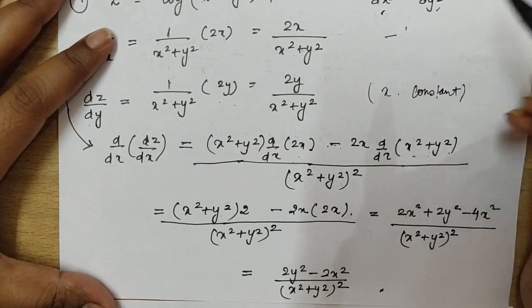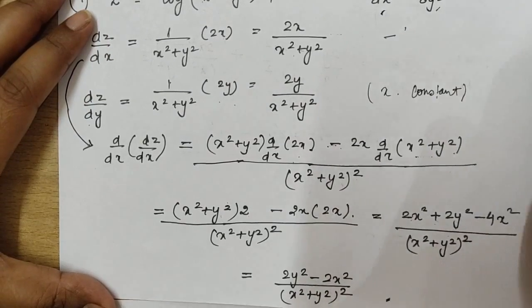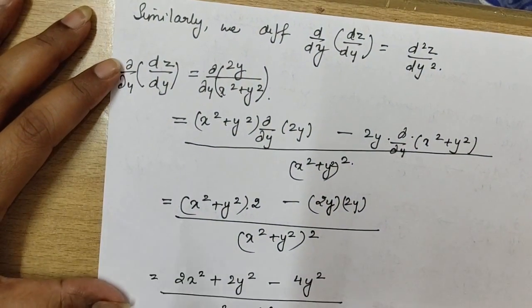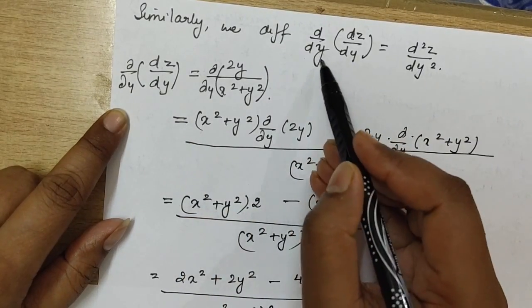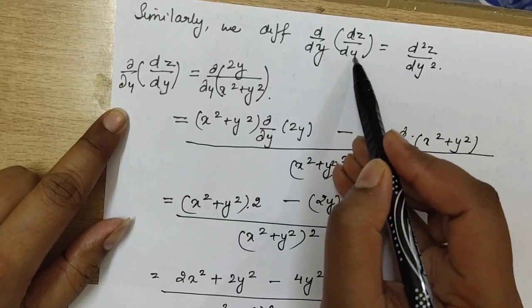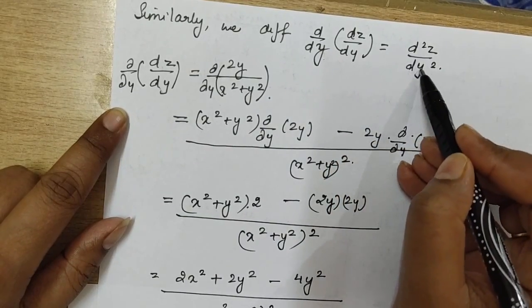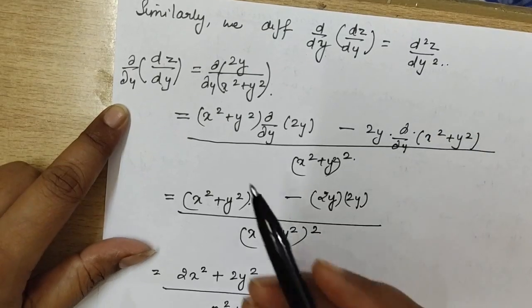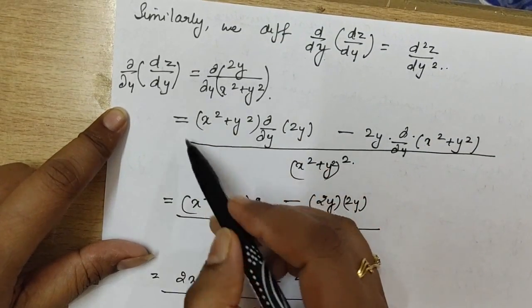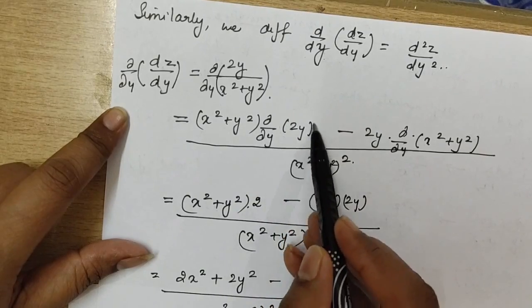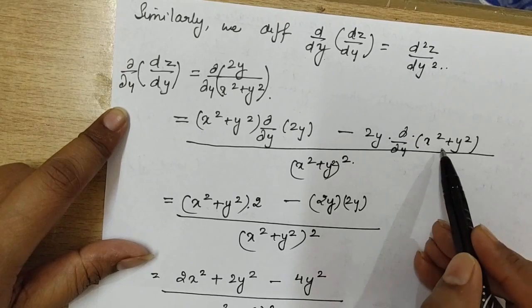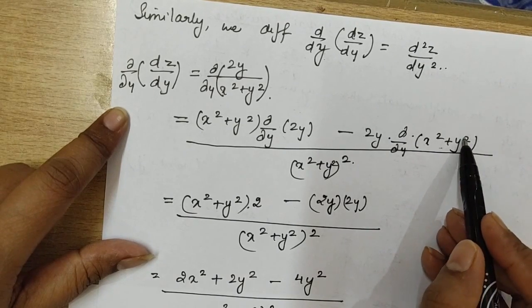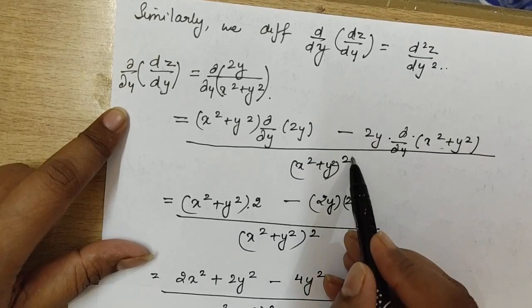We have to get this portion also, similarly as we did in getting this result. Now, similarly we differentiate delta by delta y. Delta z into delta y is equal to delta square z by delta y square. Okay? So this is also u by v. Similarly, we differentiate the numerator, minus 2y. We differentiate over here the denominator and we take the square of the denominator.